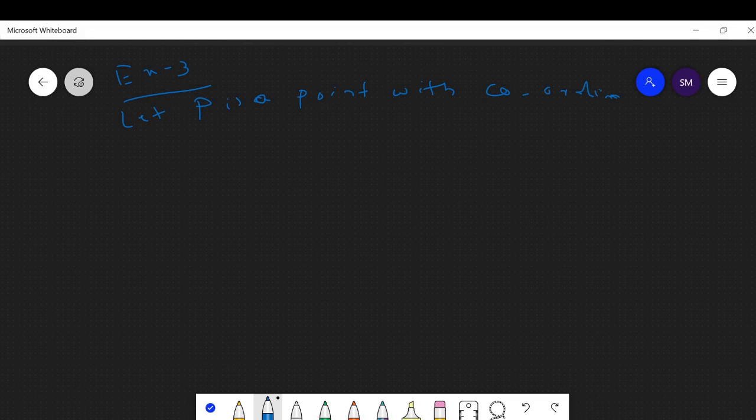The condition is that the x coordinate of P is twice its y coordinate.